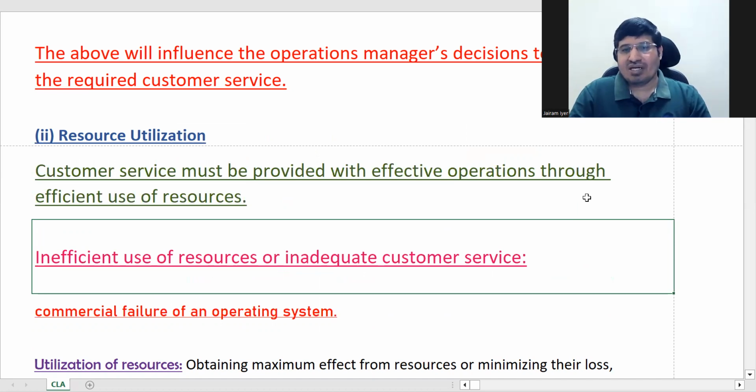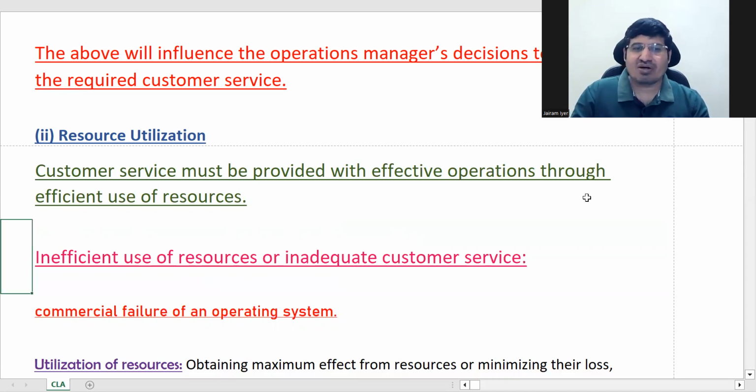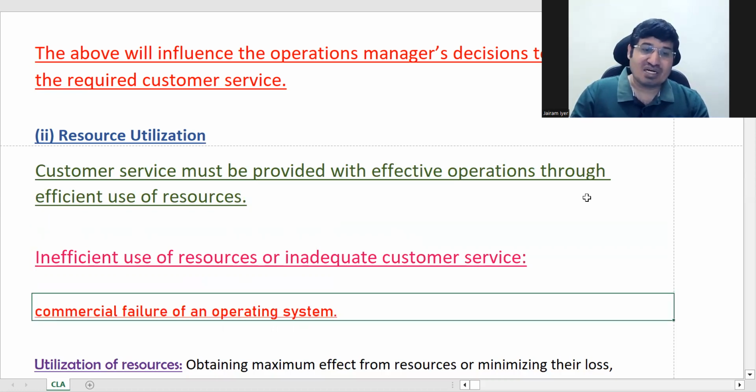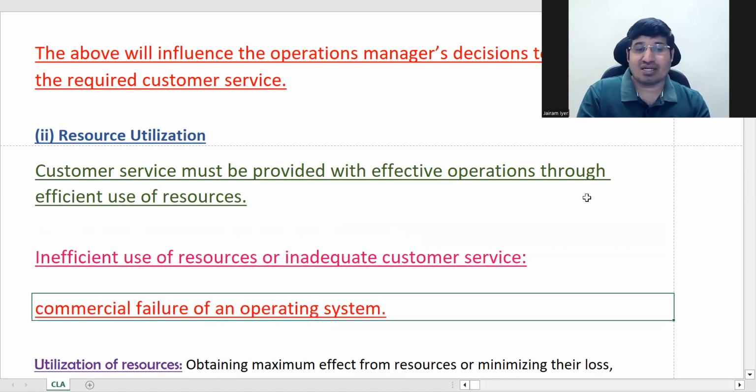Or inadequate customer service: the customer himself is not happy. You are working at a very low cost, but the customer is not happy, so the customer is not coming, there is no sales. Both of these are not good places to be in. This will result in a commercial failure of an operating system.